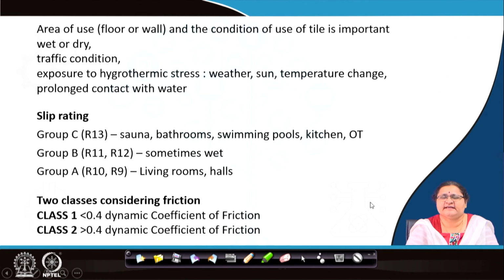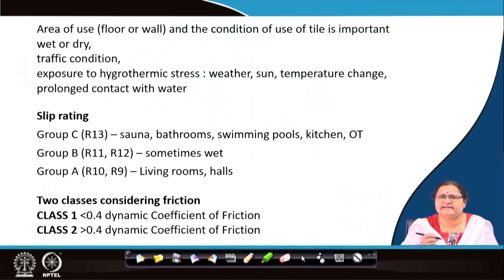And again you will see another classification, class 1 and class 2, which gives the dynamic coefficient of friction when someone is walking, something is moving. One is less than 0.4, another is more than 0.4. So, one is class 1, one is class 2.